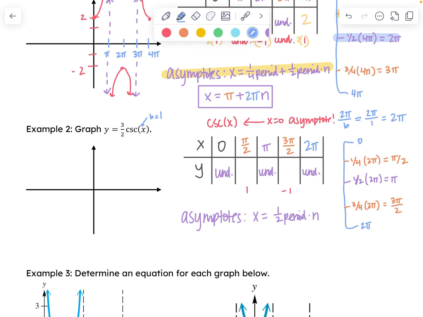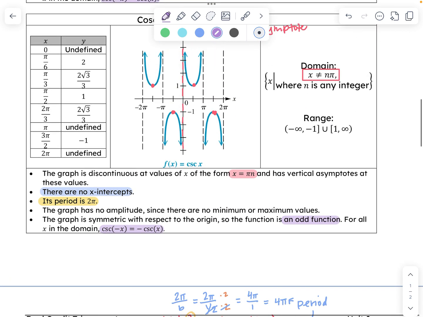And lucky for us, we did find half of the period. So x is equal to pi times n, which matches with what we have up here, in pi n.